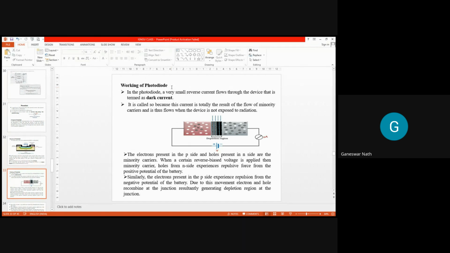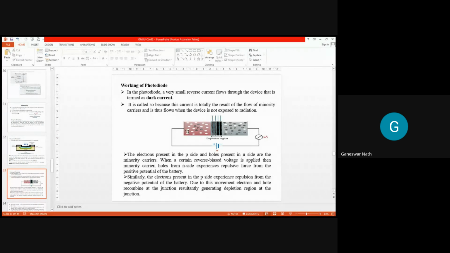It is called so because this current is totally the result of the flow of minority carriers, and thus flows when the device is not exposed to radiation. This dark current exists even if no radiation is incident from the sun.